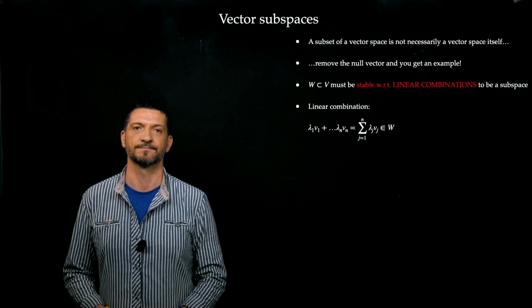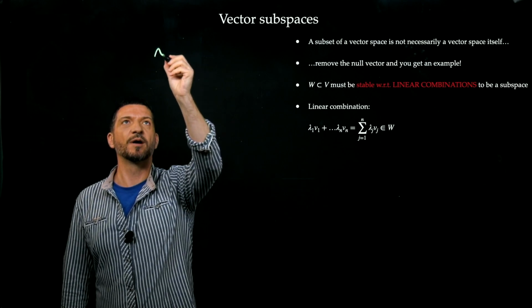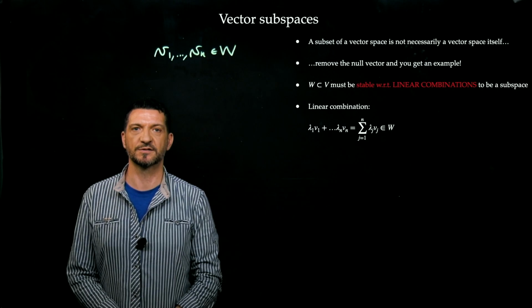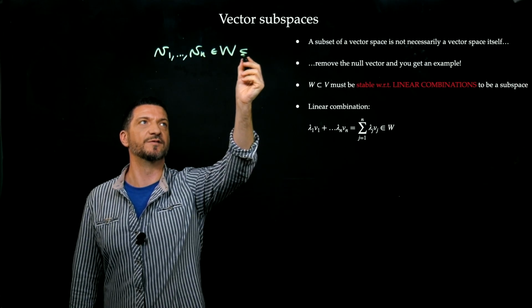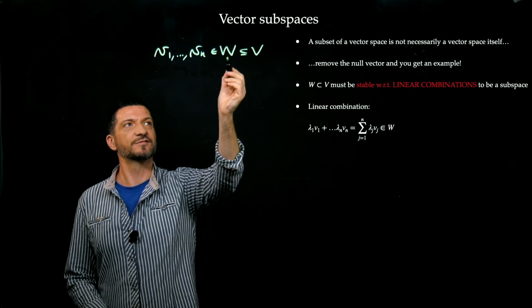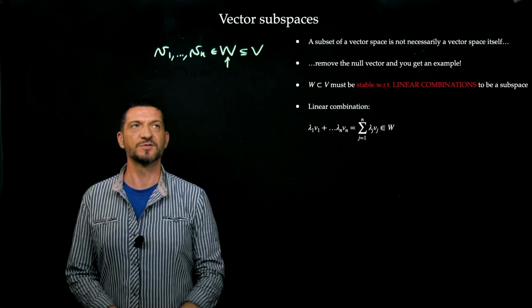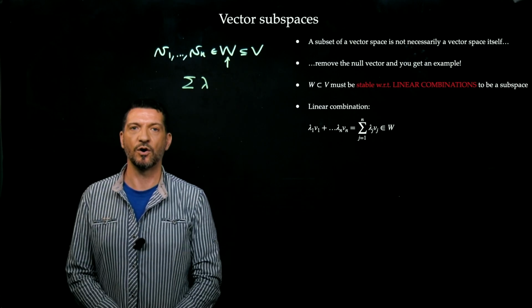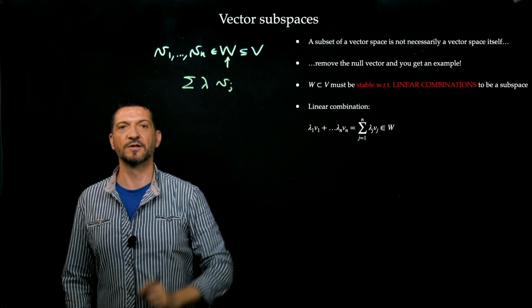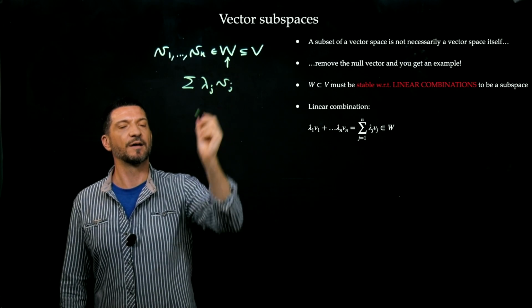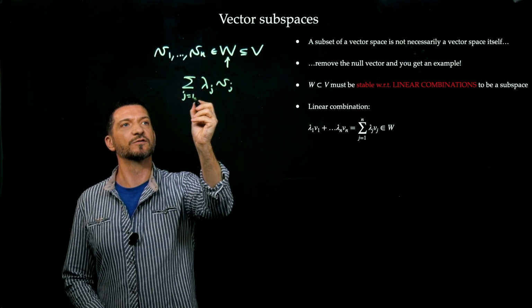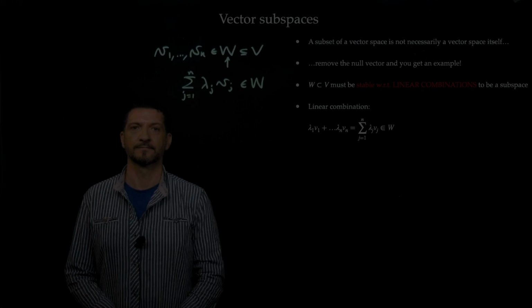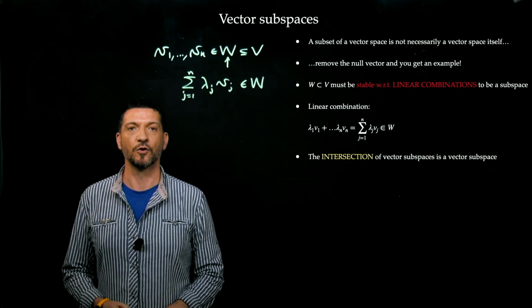linear combinations. So, if you have a bunch of vectors, say v1, ..., vn, which belong to the subset W of the vector space V, then this subset is a vector subspace if this linear combination, that is the sum of the vectors vj multiplied by any scalar lambda j that we want, where j goes from 1 to n, still belongs to W. On vector subspaces, we can perform operations.